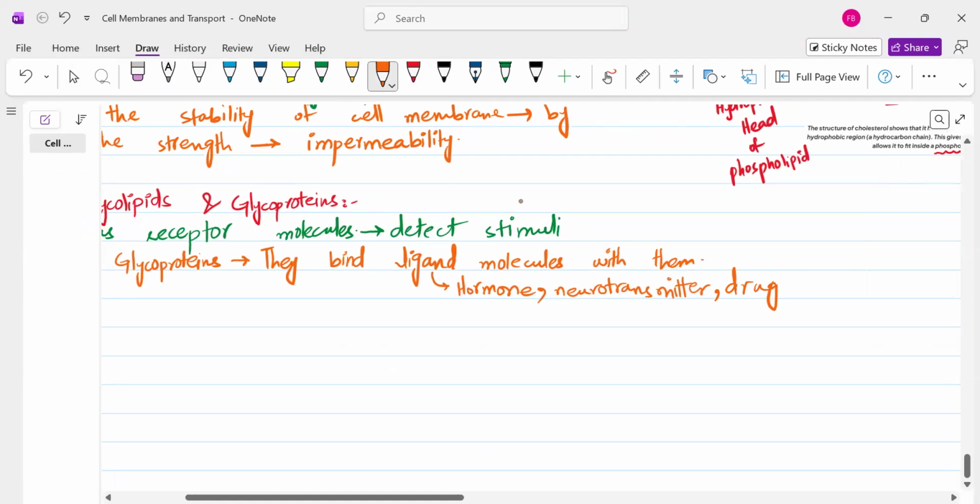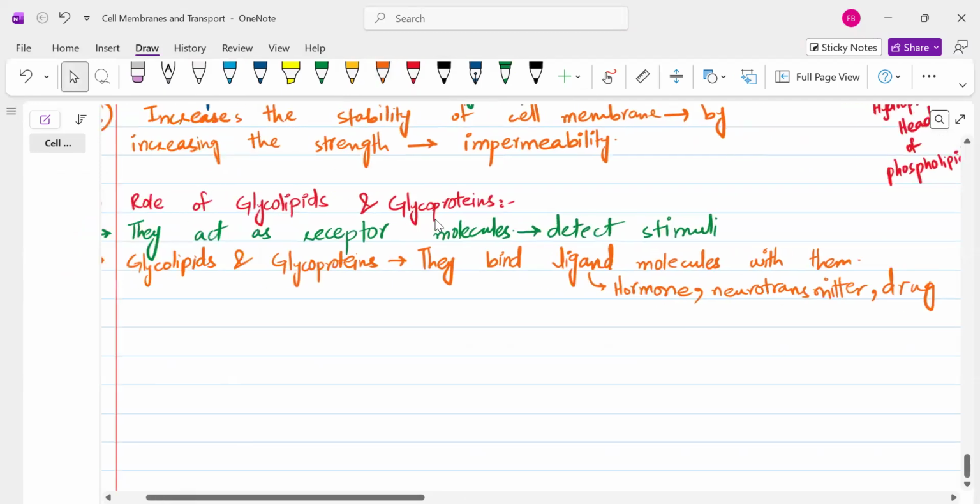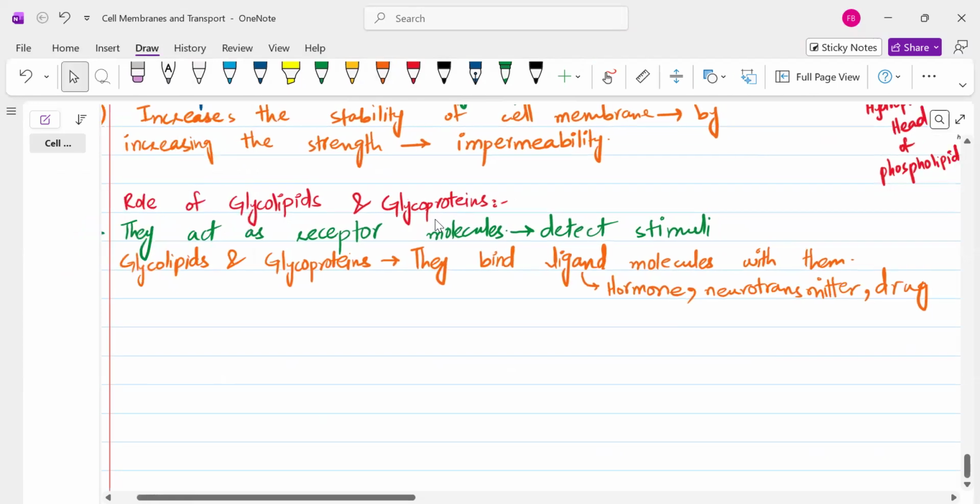Now, can you tell me the difference between a receptor and the ligand? A receptor protein is something that receives the signal, and a ligand is a signaling molecule.